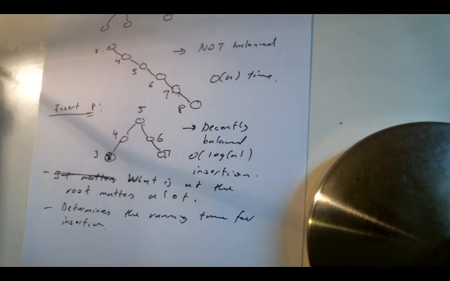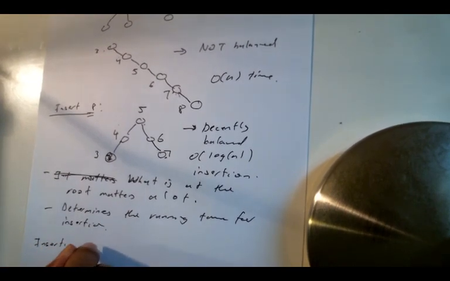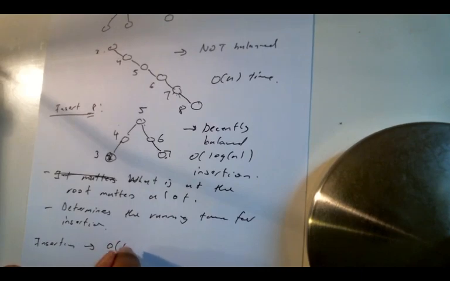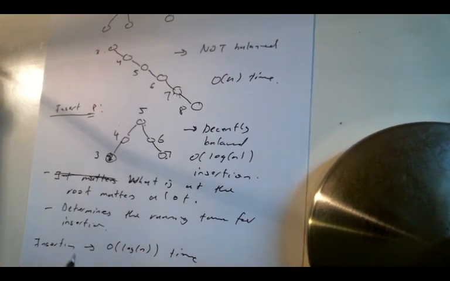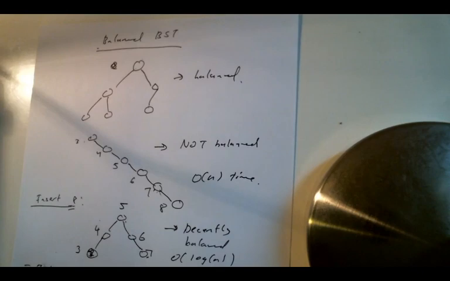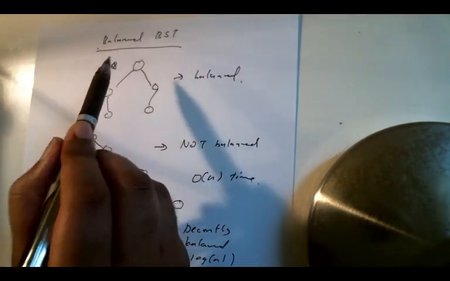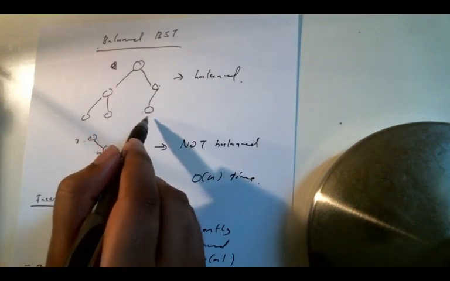Okay, so the question is, if the tree is decently balanced, insertion takes, for one node, O of log n time. Why? Because there are exactly log n levels for a tree with n nodes. Can you see why? Let's say there's 1 node here, 2 nodes here, approximately 4 nodes here, and so forth.